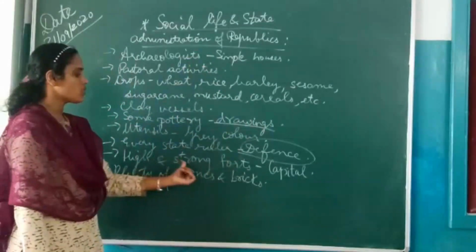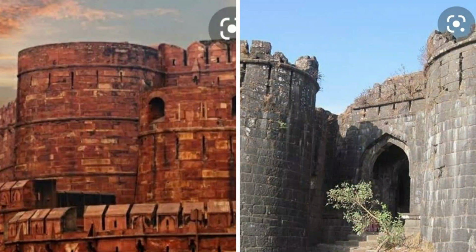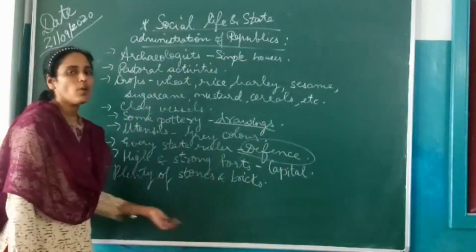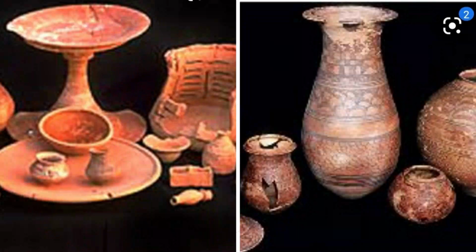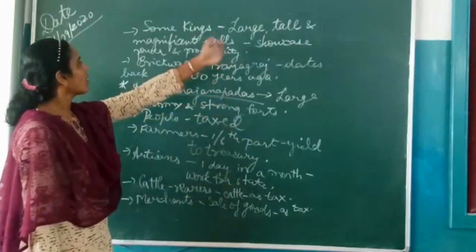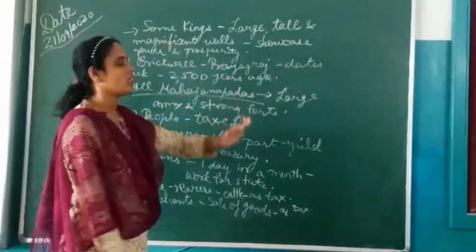High and strong forts were built by kings and rulers around their state capital, so that others could not enter and capture their territories. Plenty of stones and bricks were used to build these forts, so that it would be a very strong structure. Some kings built large, tall and magnificent walls to showcase their power and prosperity.